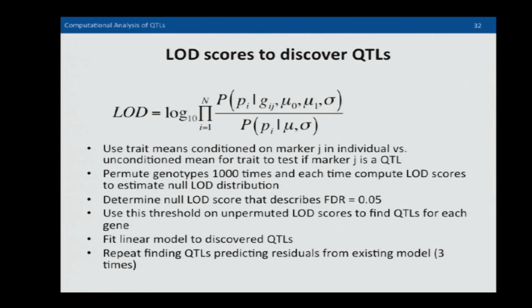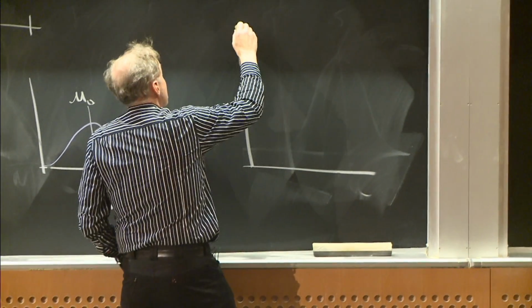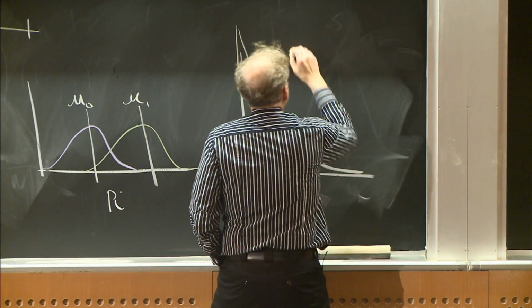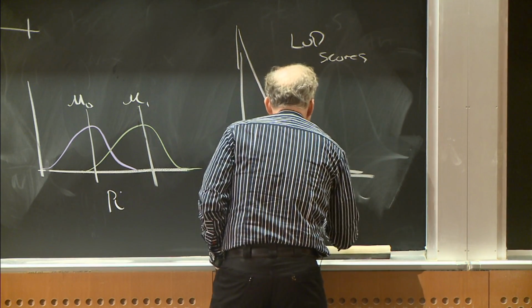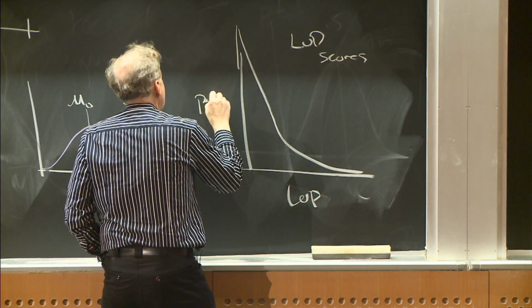Because we have broken the association between phenotype and genotype, the LOD scores that we should be seeing if we did this randomization should correspond to essentially noise, what we would see at random. So it's a null distribution we can look at. And so what we'll see is a distribution of LOD scores. This is the LOD. This is the probability.